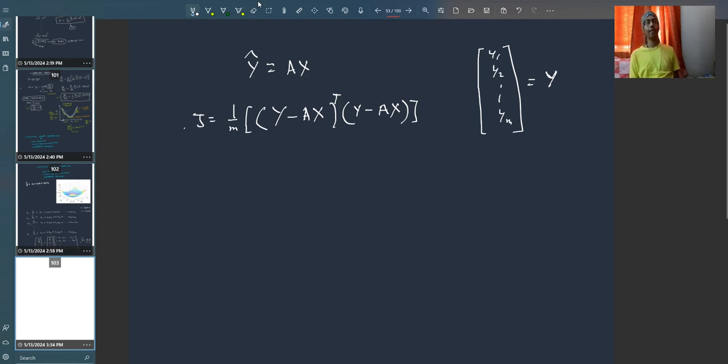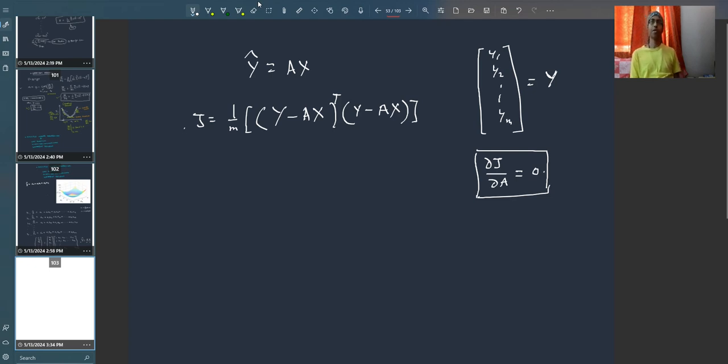Now to get the minimization condition, obviously our goal is to achieve dJ/dA is equal to 0. This is our goal, right? Minimization condition for linear regression. For that we have to first differentiate it, get an expression and equate it to 0, and try to derive what happens out of it.